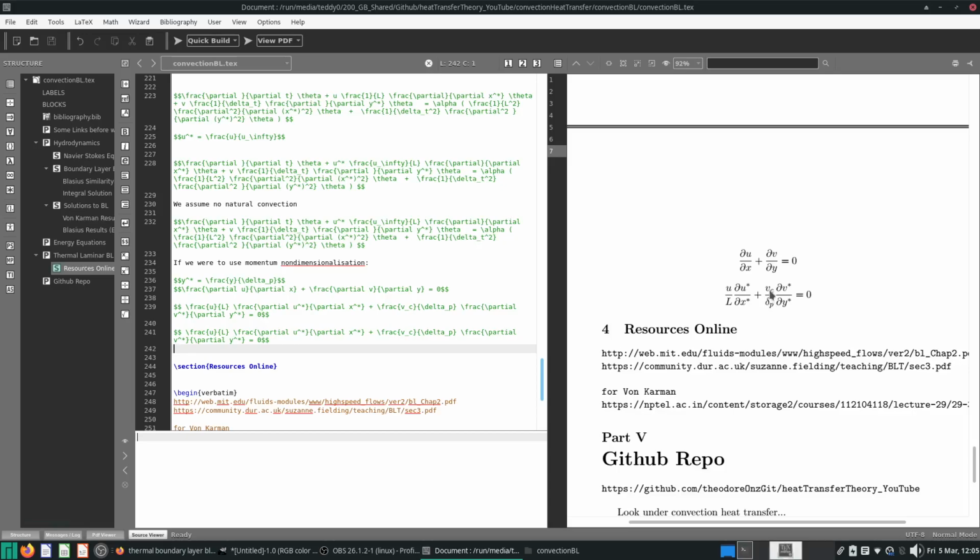VC, the characteristic V velocity, will be at the bottom, and delta P will be on top.